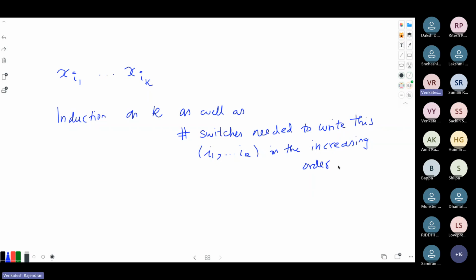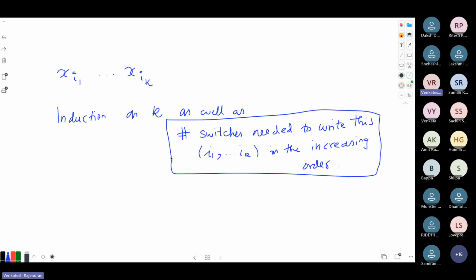Is it clear what I'm talking about here? For example, let's take something like this: 3, 2, 1, 1, 4. This is not in the correct order, and you want to bring it to the correct order.